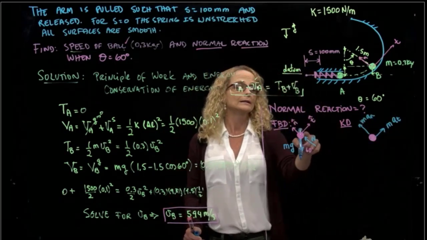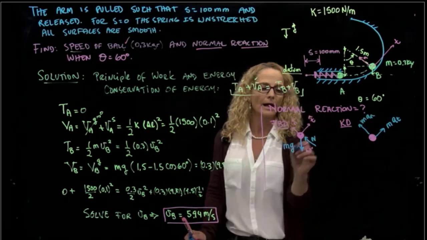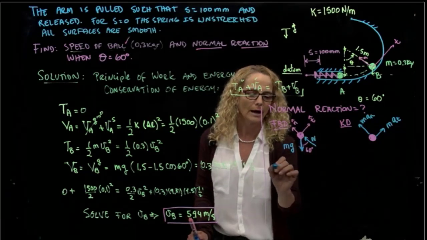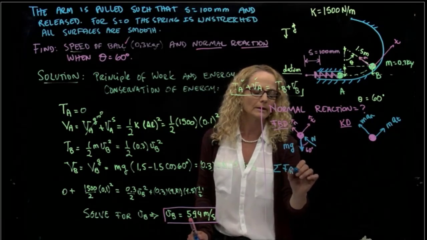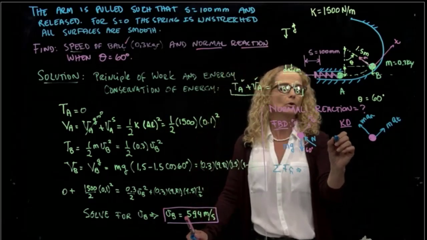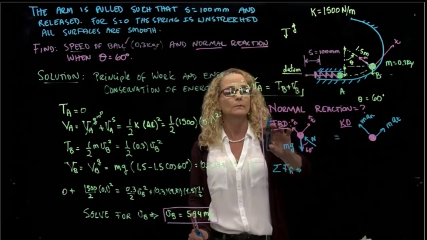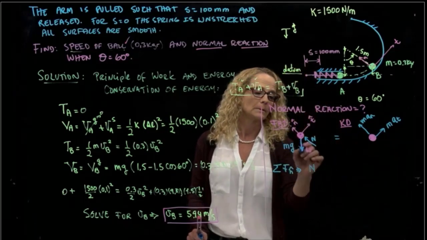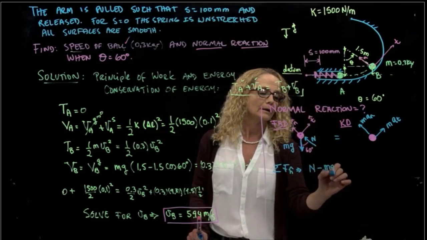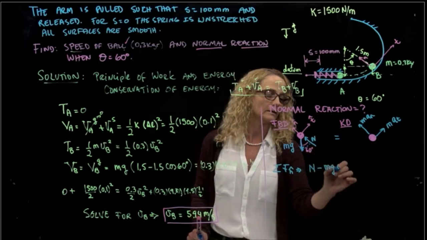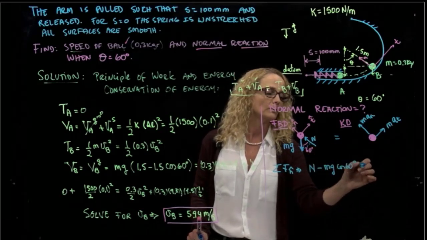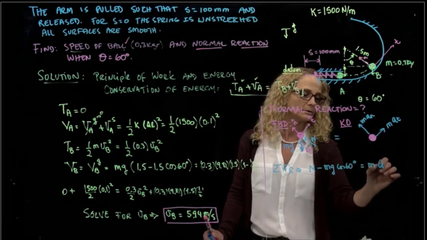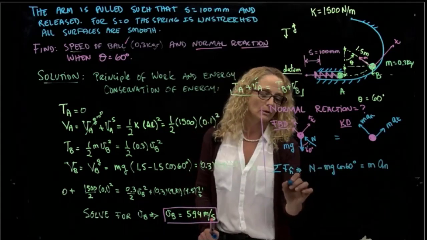Since I want to find the normal force, I will add forces in the normal direction. I have to make those two diagrams equal: the free body diagram equals the kinetic diagram. So N minus weight times cosine of 60 equals my mass times the normal acceleration.